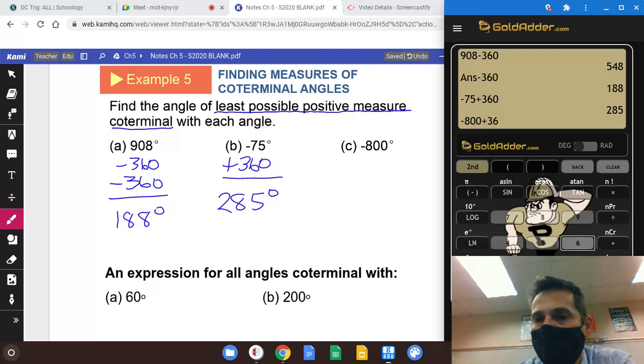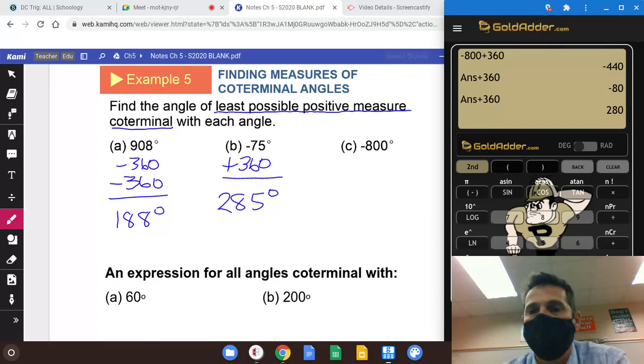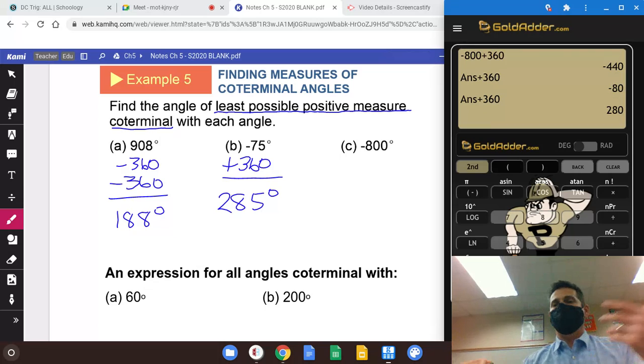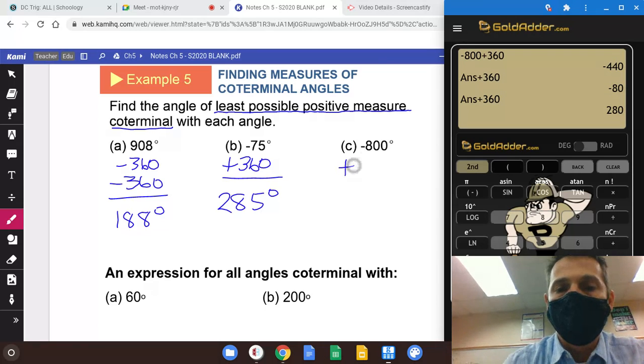Negative 800. I'm going to add 360. I need to add it again. I'm still negative, so I'm going to add it a third time. I end up adding it 3 times. Add 360 3 times, I get 280. So plus 360 plus 360 plus 360. It's not really important that we show this work.